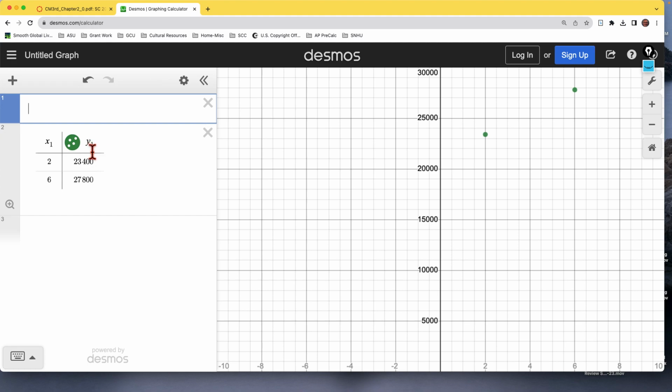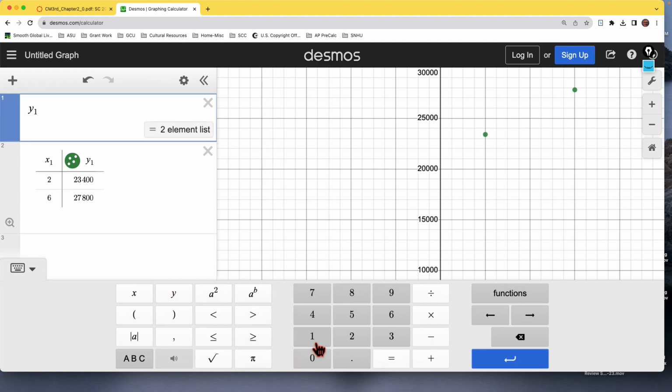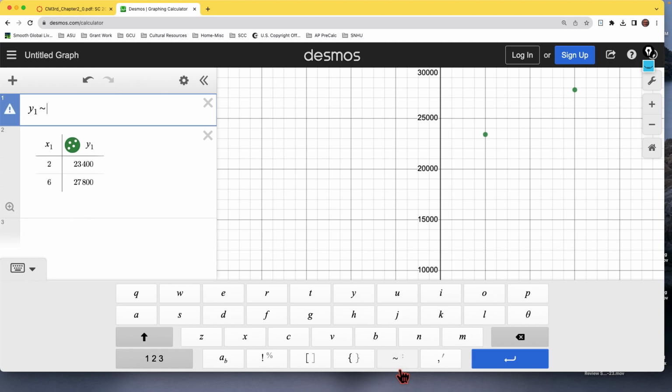And what I'm going to do is, notice the y value is y1. So I'm going to enter y1. And then under here, I'm going to use, instead of equals, we'll use approximate, this little tilde symbol. And then what's the general form of the equation of the line?